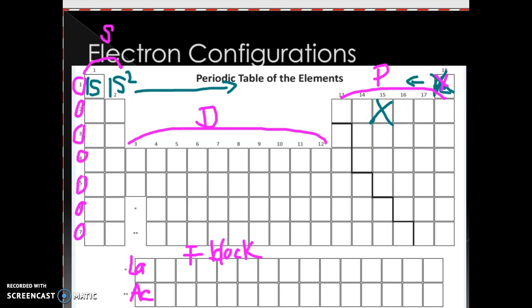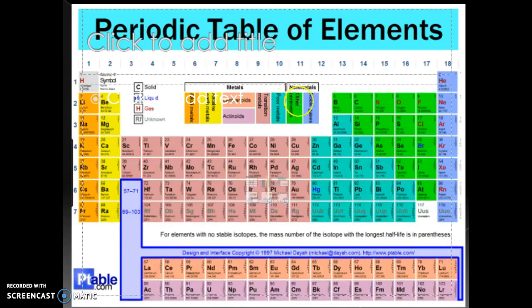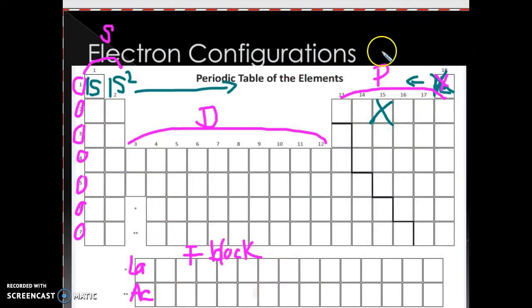Let's do number 7, nitrogen. So nitrogen, number 7, which has 1, 2, 3, 4, 5, 6, 7, is actually right here.